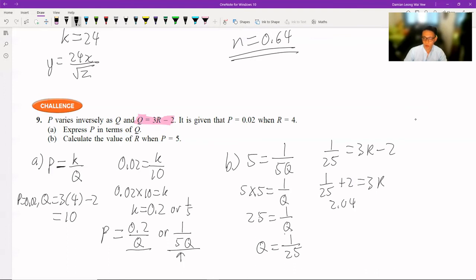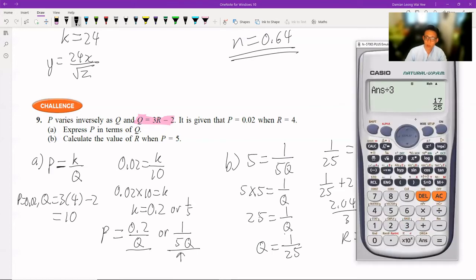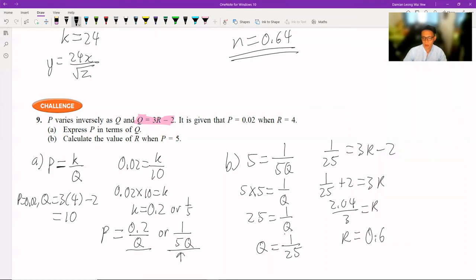Bring over the 3, times 3 opposite divide 3. So R is, I divide 3, 0.68. So R is 0.68 when P is 5. Okay, so that is question 9 here.